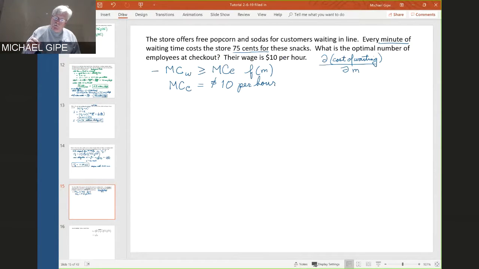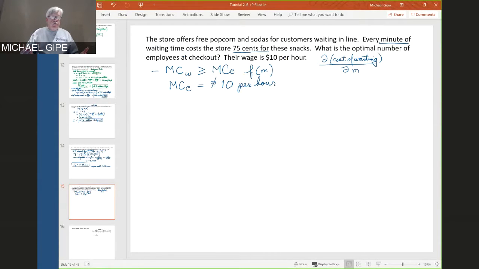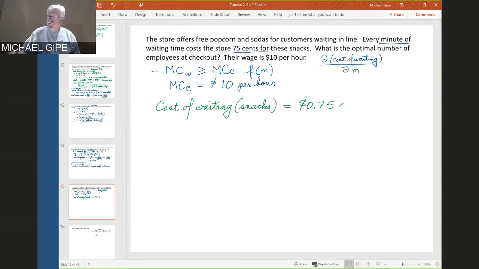But first thing we have to do is what is the waiting cost as a function of employees? So the cost of waiting, that is the cost of snacks, is 75 cents times the average inventory in the queue, right?